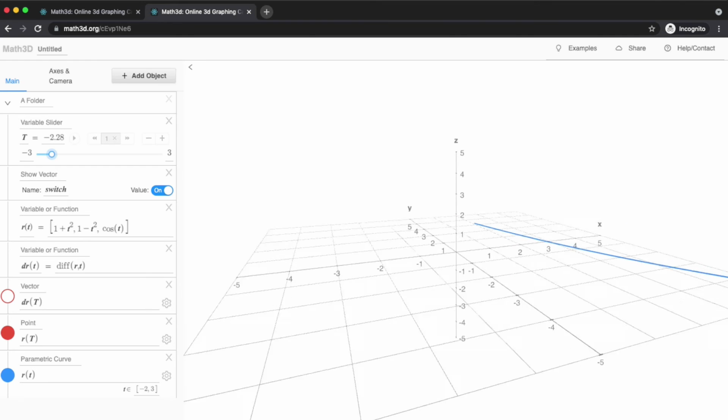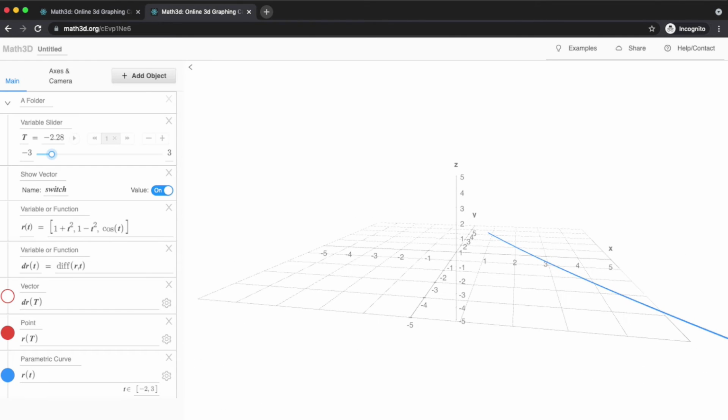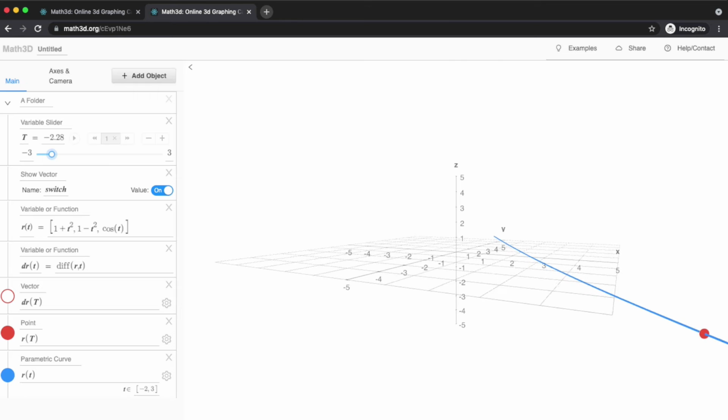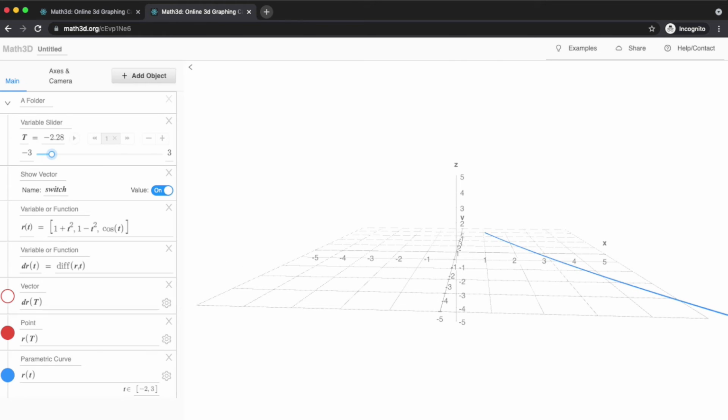Well, it turns out that in order to see smoothness, we have to think of motion happening. This is really about the derivative, r prime of t, and the derivative is about how the points change along the curve as the t value is changing. So in order to see motion, I've put a slider in here and let the point get traced out for various values of the slider.